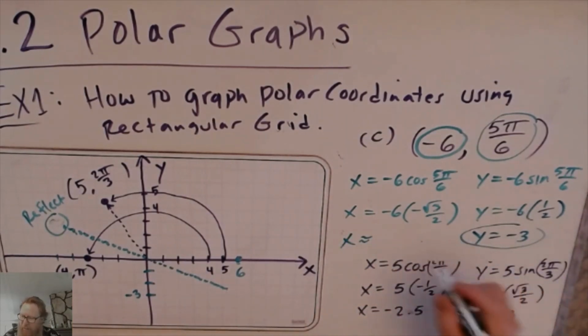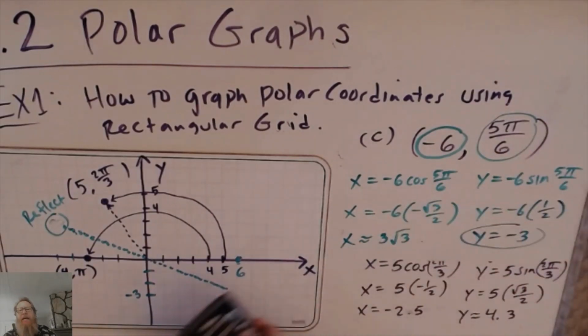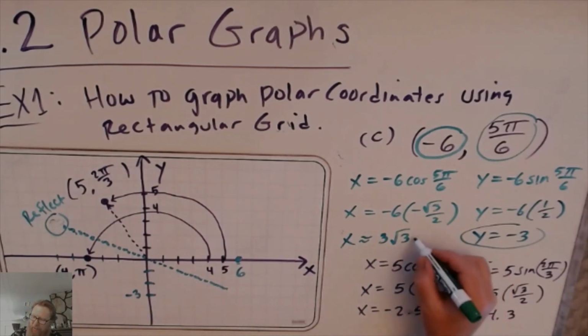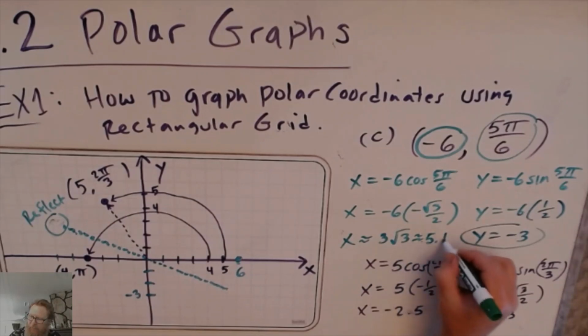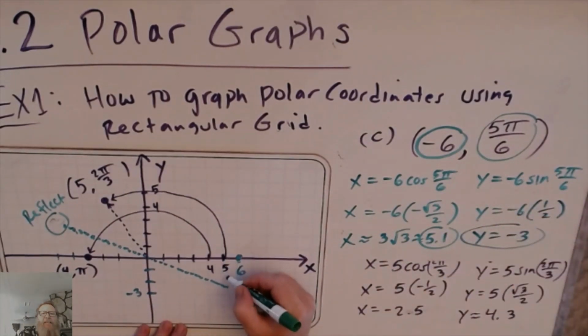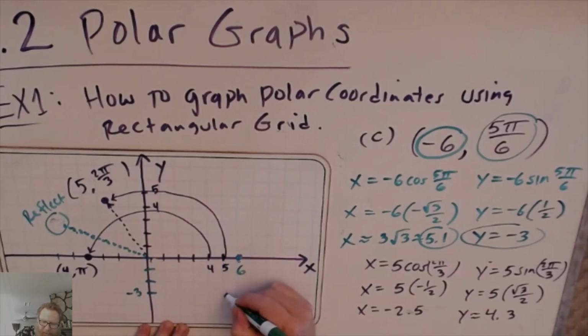I'm going to have to approximate it. It would be 3 root 3, that's about 5.1. So on my graph, I would go x is about 5.1 and y is negative 3.